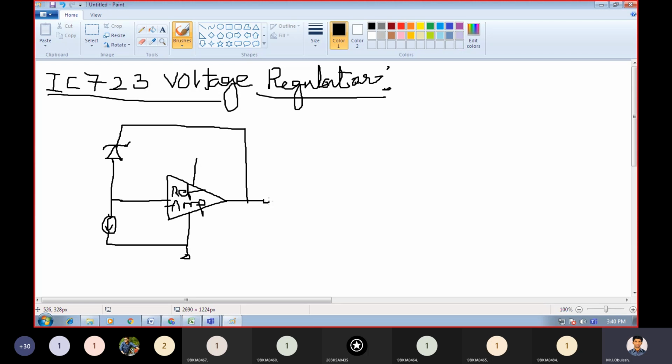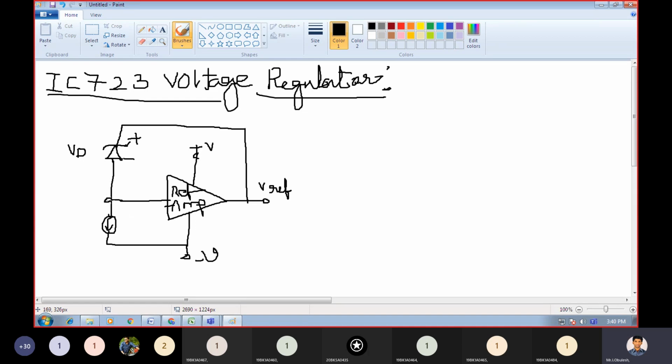This is the V reference here. You get it here, V reference. This is the plus supply voltage. This is the negative supply voltage. So here we have the VD voltage. This is the positive and negative.